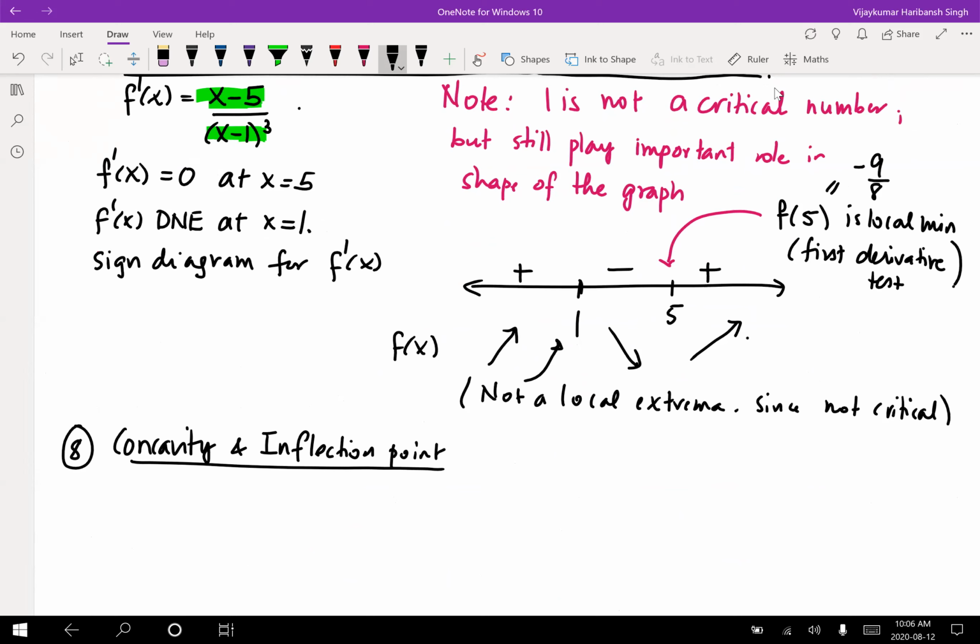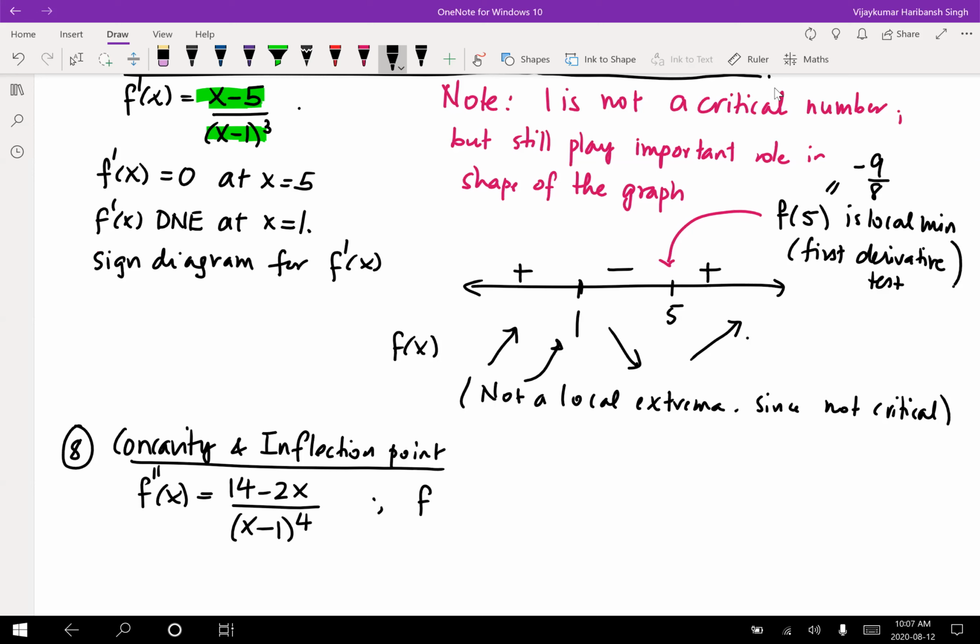So for that, we need to take the second derivative. So the second derivative of x is going to be, which is already given to us, minus 12 times x minus 7 upon x minus 1 to the power 4.